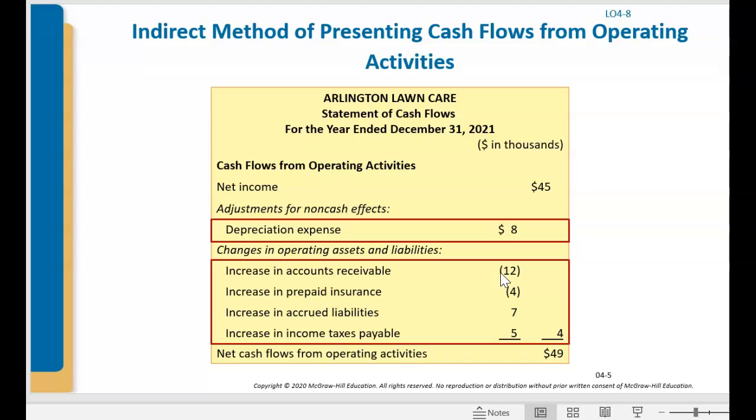What is the major inflow of cash? The major inflow of cash would be the increase in accounts payable or accrued liabilities. Or they could say, well, what has the largest increase in calculating net cash flows from operations, and it would be the add back of the depreciation expense.